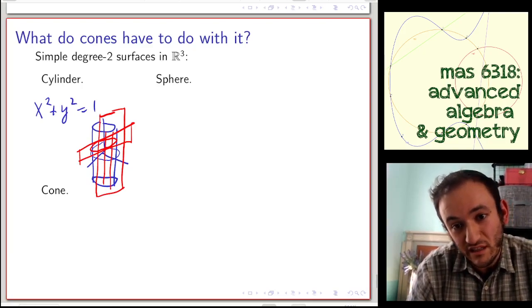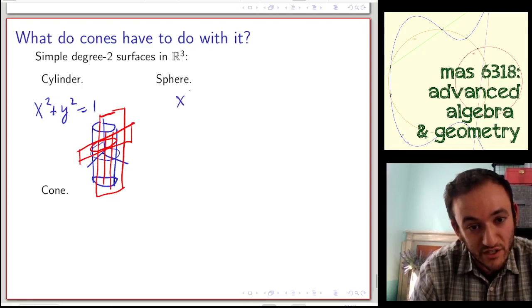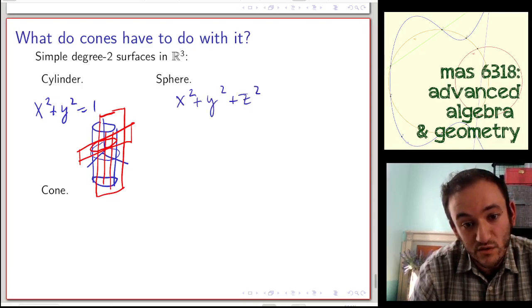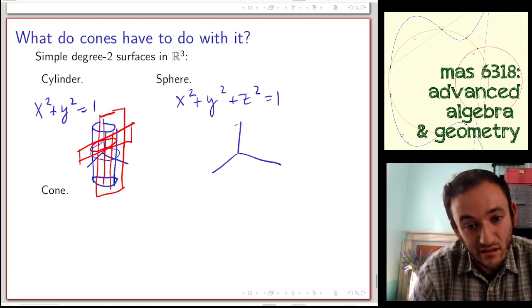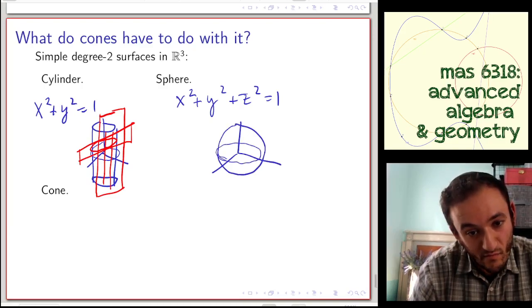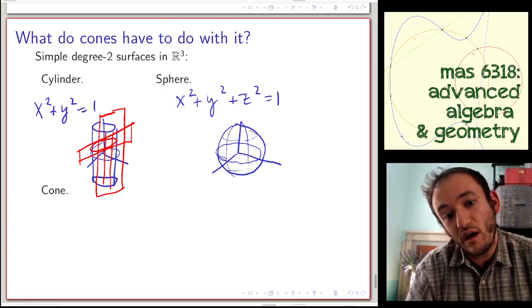Okay, so if you want a slightly more complicated equation, you can get x squared plus y squared plus z squared equals 1. So then we're looking at a sphere. Pardon my poor drawing of a sphere.